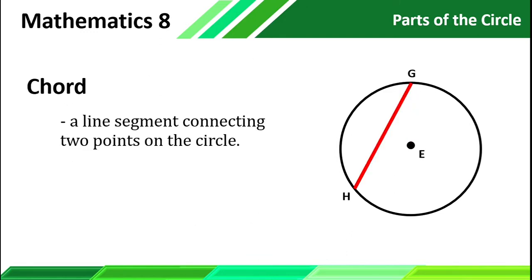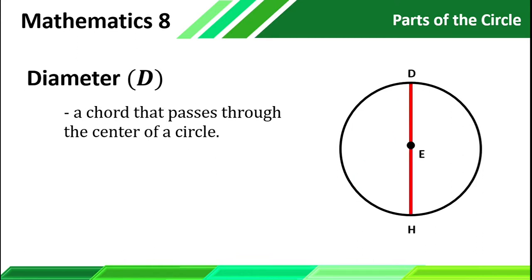Now, when we say chord, it is a line segment connecting two points on the circle. So in this given figure, our chord is line segment GH or line segment HG. We also have diameter. When we say diameter, denoted by big letter D, it is a chord that passes through the center of a circle.